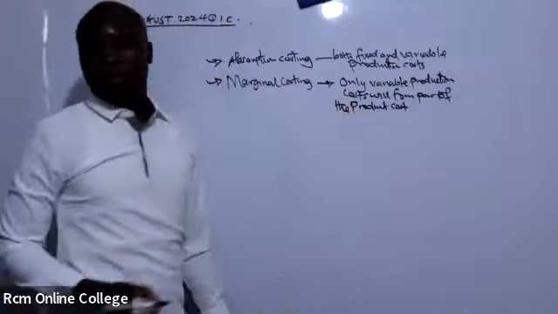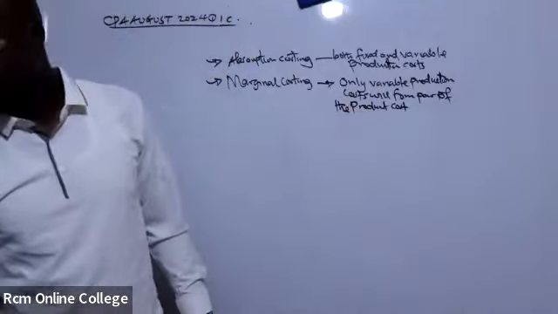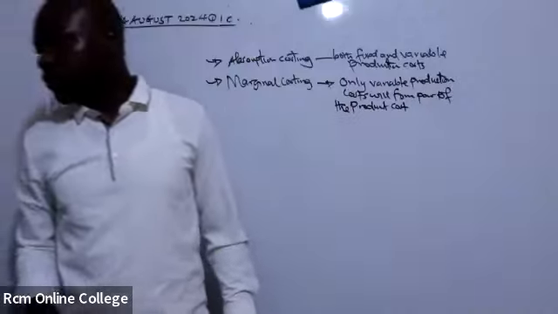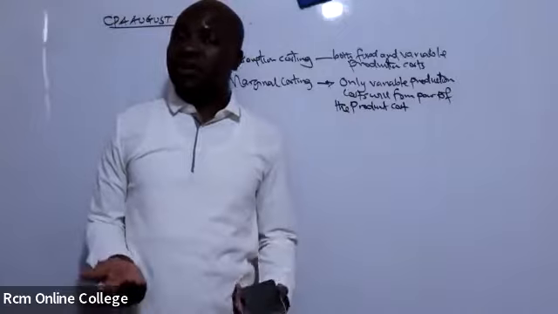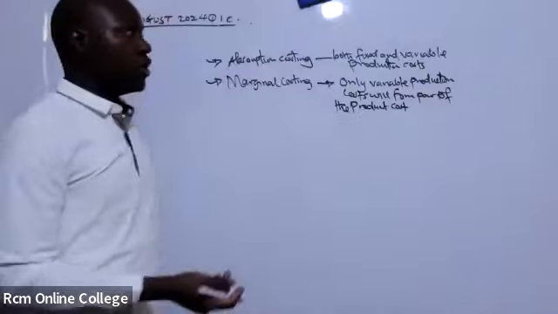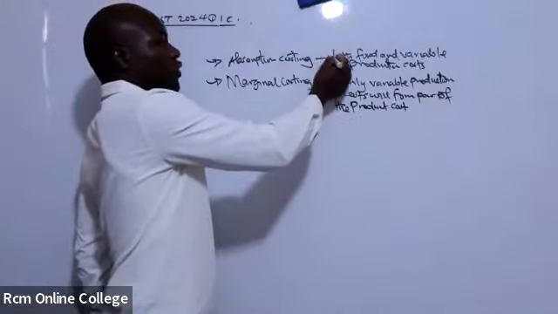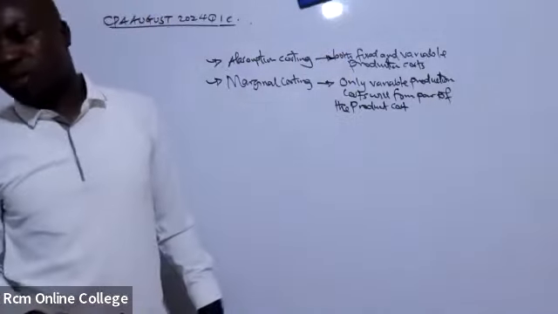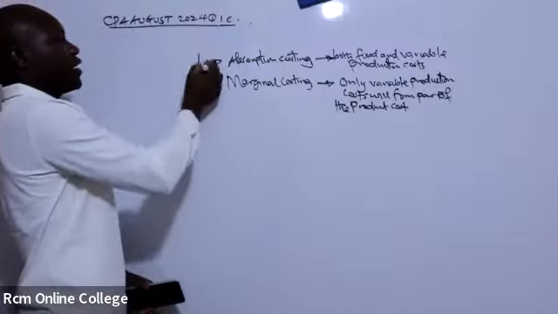So that's the difference between absorption costing and marginal costing. When the examiner tells you that the company is using absorption costing, it means both fixed and variable production costs normally form part of product cost. That is what we have been told in the first part.